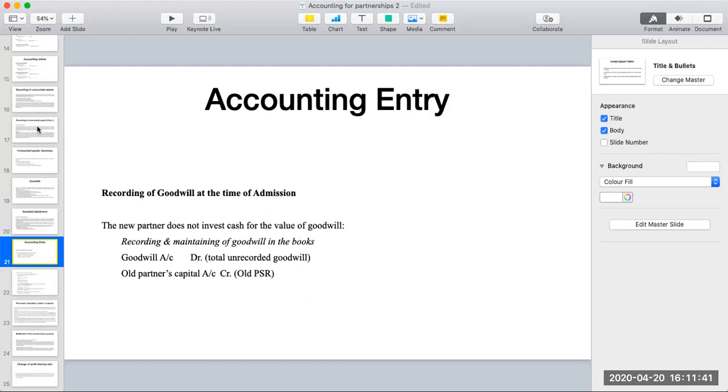The total amount of unrecorded goodwill will be debited to a separate account called goodwill account, and that will be credited to the old partners' capital accounts. So the profit sharing ratio is the old profit sharing ratio, not the new one. Then that unfairness is eliminated because the goodwill which is created at the time of admitting a new partner is distributed only among the previous partners.